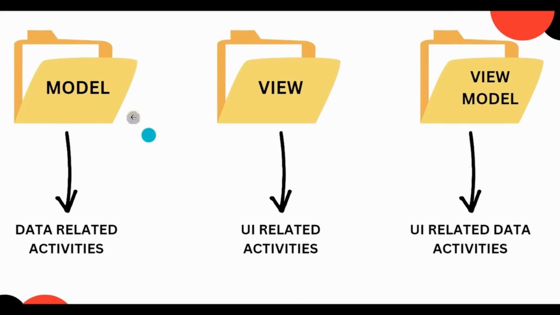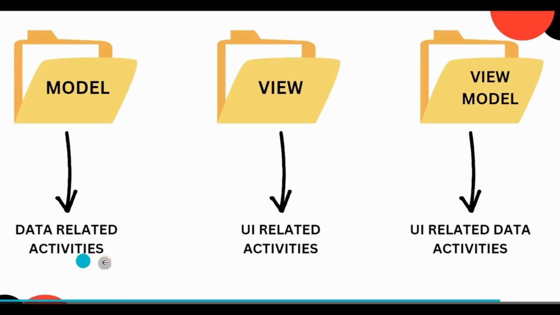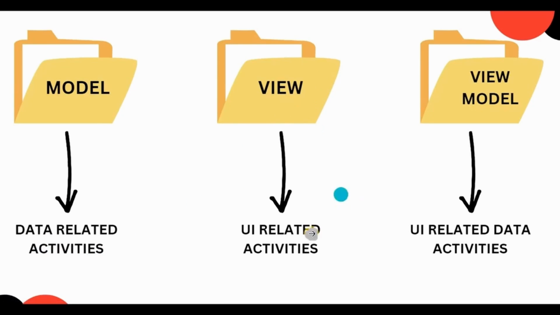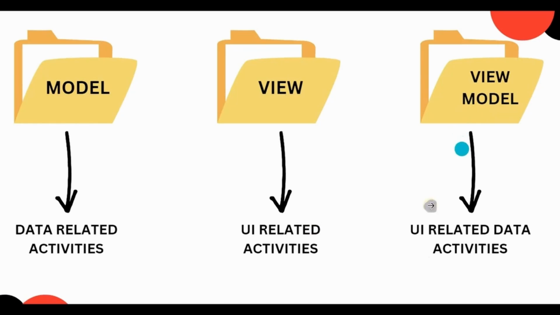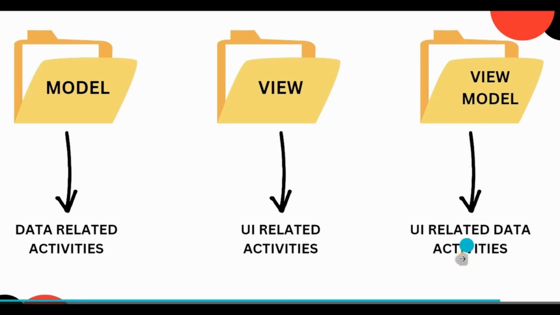That is model package, which will consist of all the data related activities. Then view package, which will consist of all the UI related activities. UI related activity does not only mean XML files, but also the activities which define UI components in it, like main activity. And then ViewModel package, which will consist of all the UI related data activities.